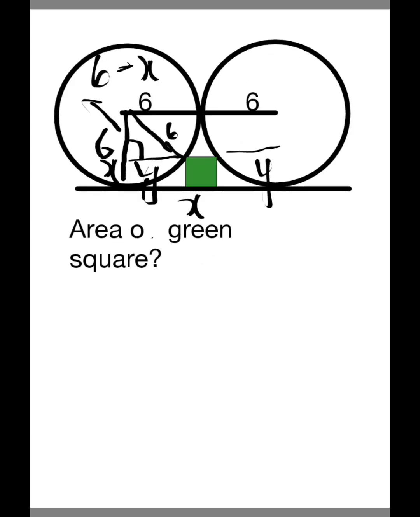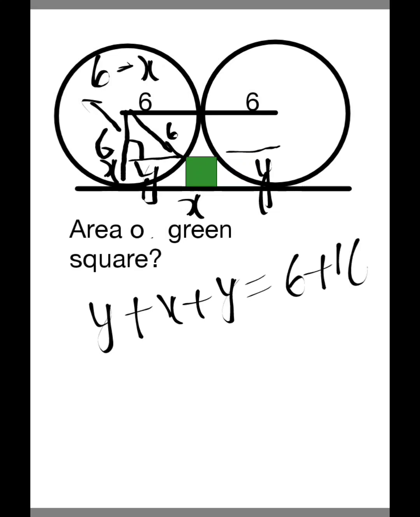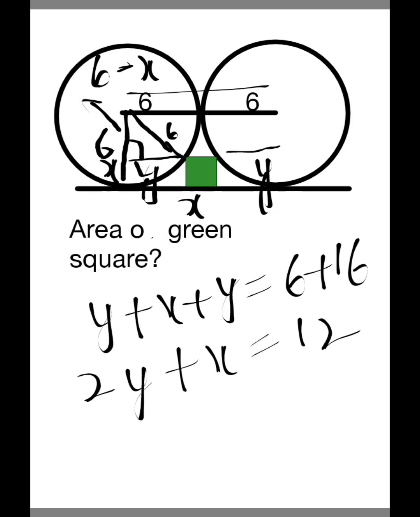Now look at this diagram once again. If the y is parallel to the radius of the circle, so once again I am drawing here a line y, and now we can say y plus x plus y is equal to 6 plus 6. It means 2y plus x is equal to 12.